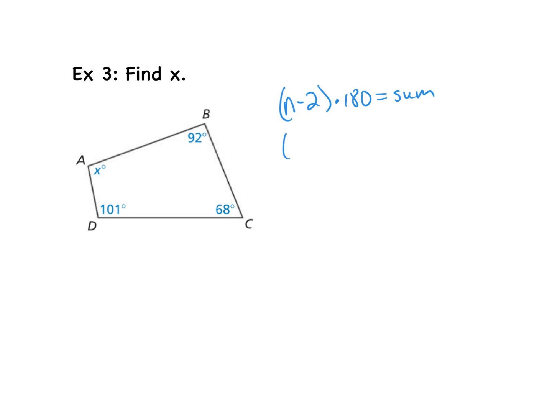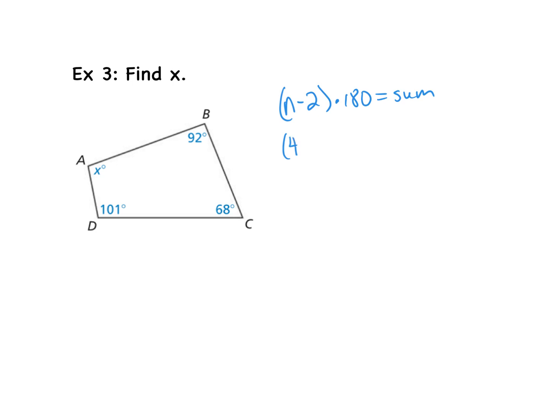What do we plug in on this one? Okay, what does n represent? The number of sides, yep. So how many sides do we have? 4. So that's what we're going to plug in.